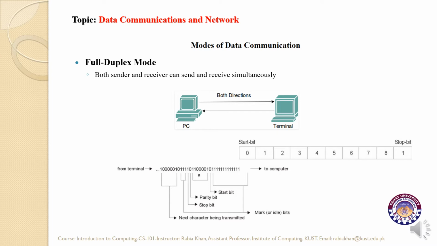That means they both can send and receive simultaneously. So, both the sender and the receiver can send and receive simultaneously. One at a time is not the concept here. They can do sending and receiving at the same time.